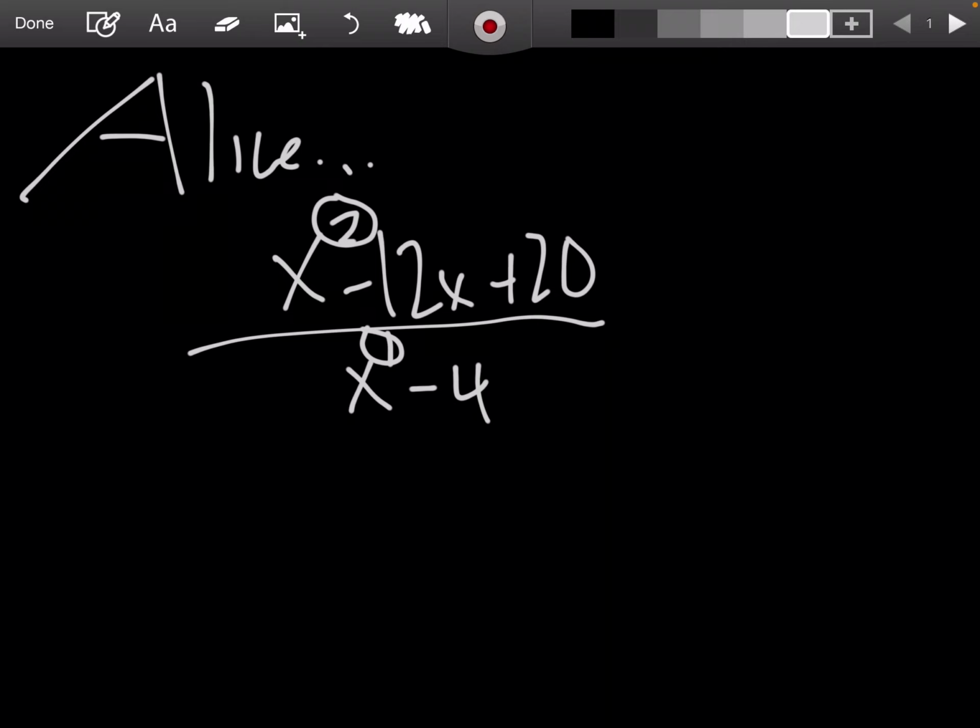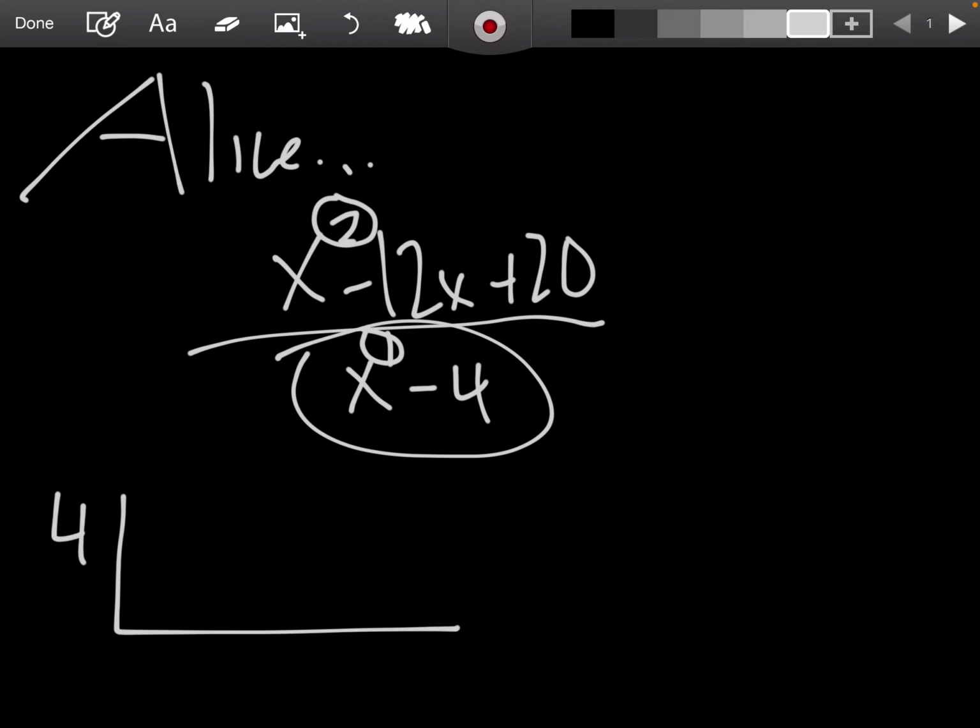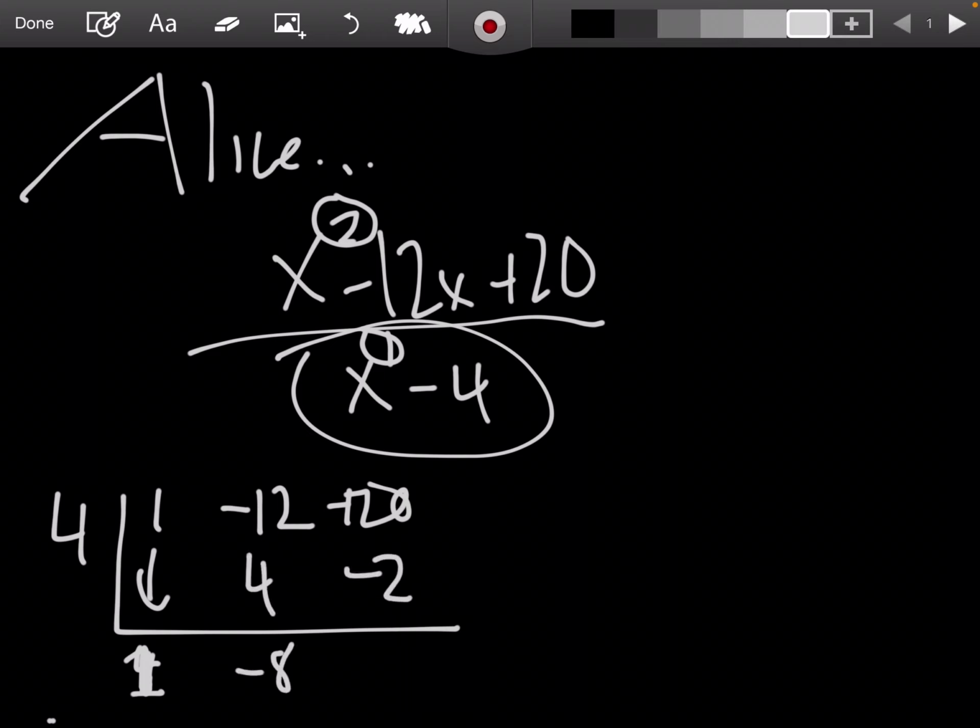Our first step is to divide. This will be our divisor, and since this is just x minus 4, we can use synthetic division. Alright, let's do our calculations. 4 times negative 8 is negative 32, so we are left with a remainder of negative 12.